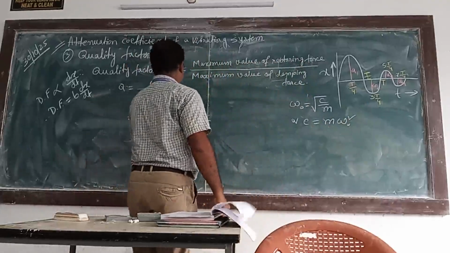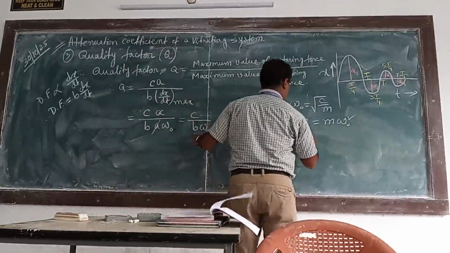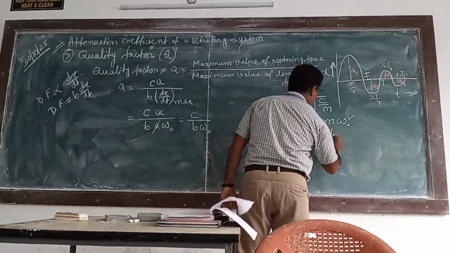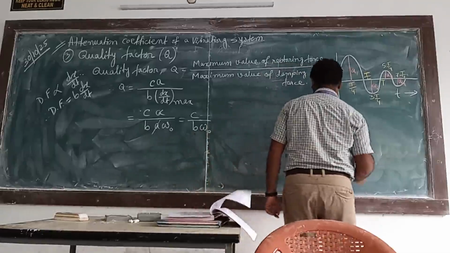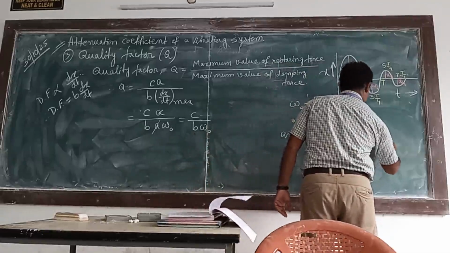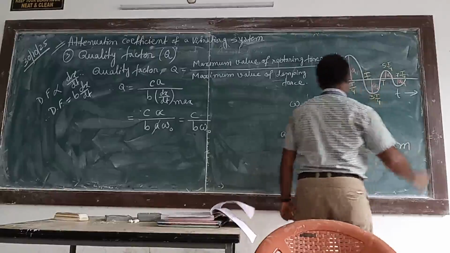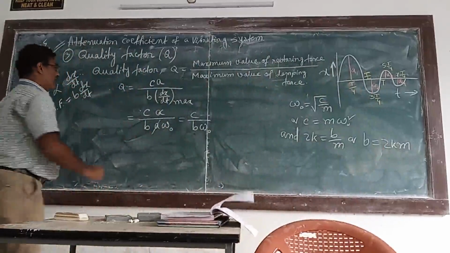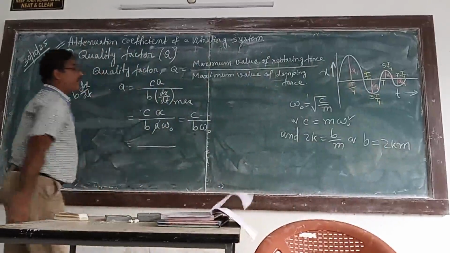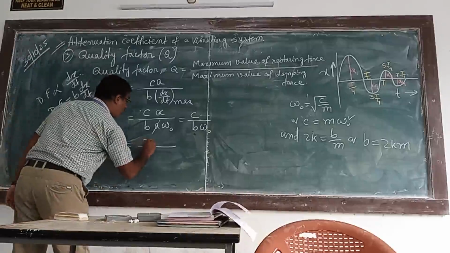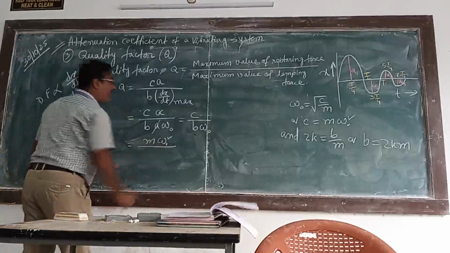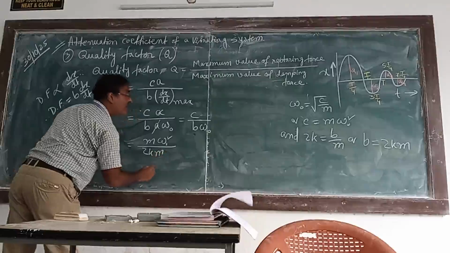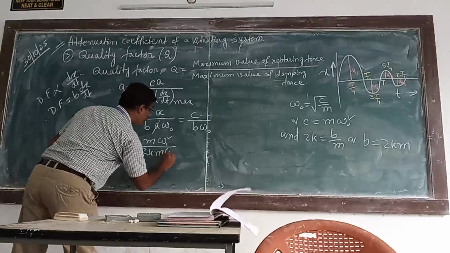And B equals what? 2k equals B by M, or B equals 2kM. So Q equals M omega naught square divided by 2kM omega naught.